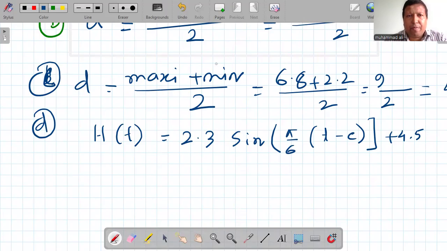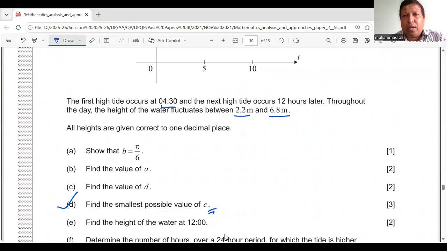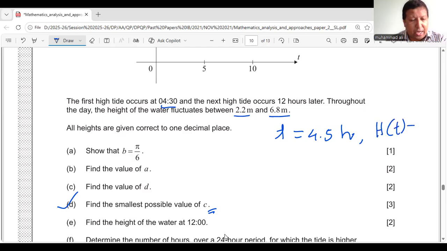One thing we have to remember: when time is 4:30 a.m., the high tide occurs. So 4:30 a.m. means time is 4.5 hours. When time is 4.5 hours, the high tide, that means h(t), equals 6.8 meters. So we have to put this value in the h function.